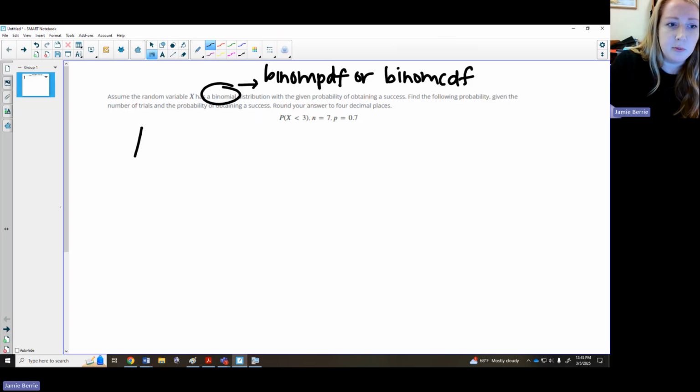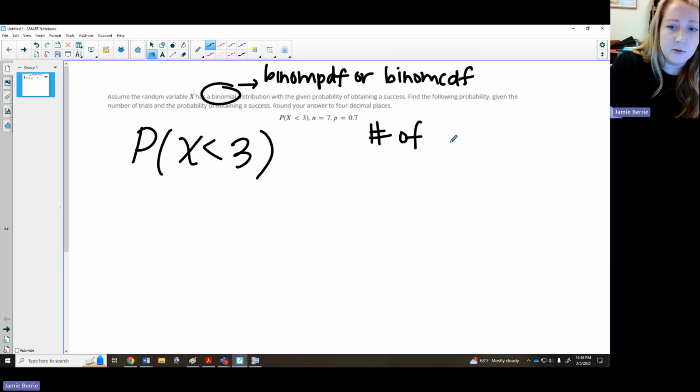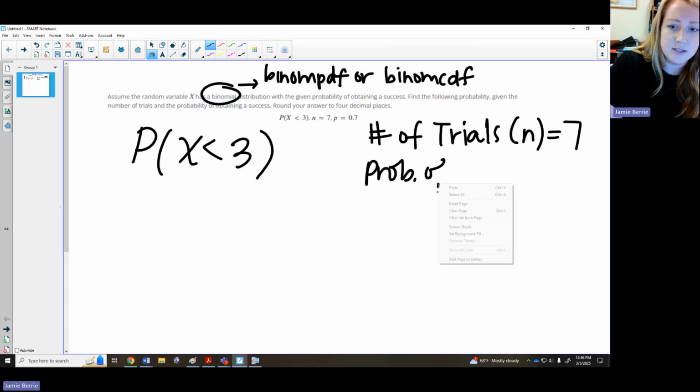All right, so we're supposed to be finding the probability that x is less than 3. And it's telling us that the number of trials, which we call n, is 7. And then the probability of success, which we call p, is 0.7.